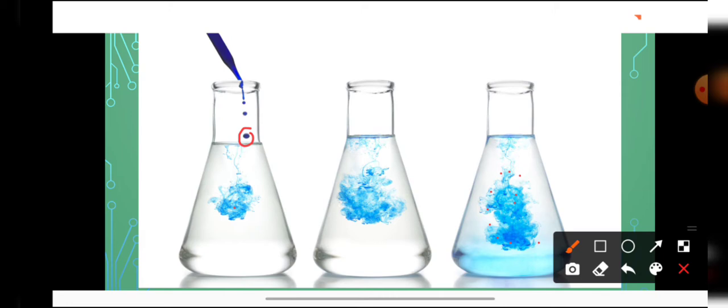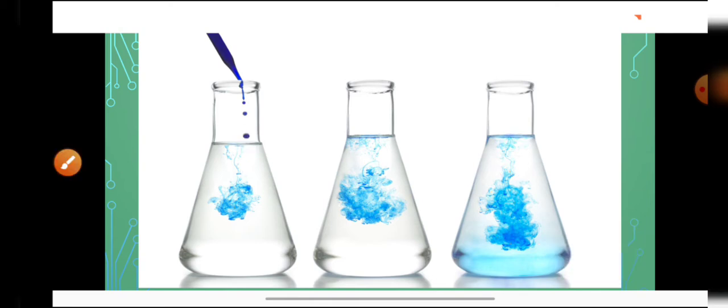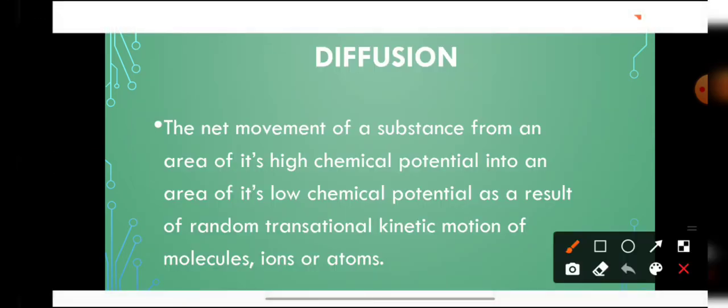And the process of diffusion is due to the inherent kinetic energy which is present within these molecules. But a more meaningful definition of diffusion is in terms of chemical potential. Now what is chemical potential? Chemical potential is the amount of free energy per gram molecular weight of a substance.